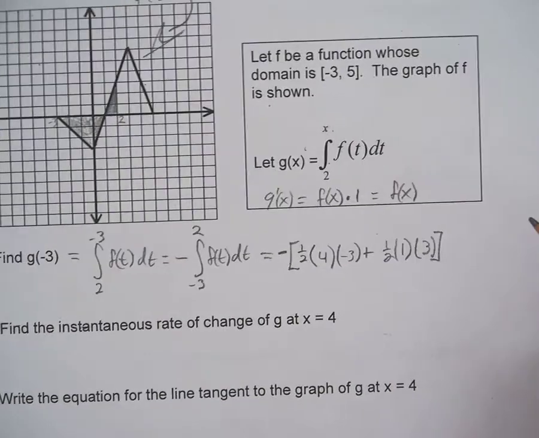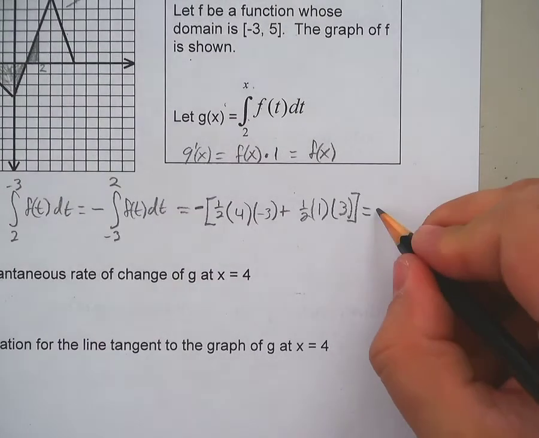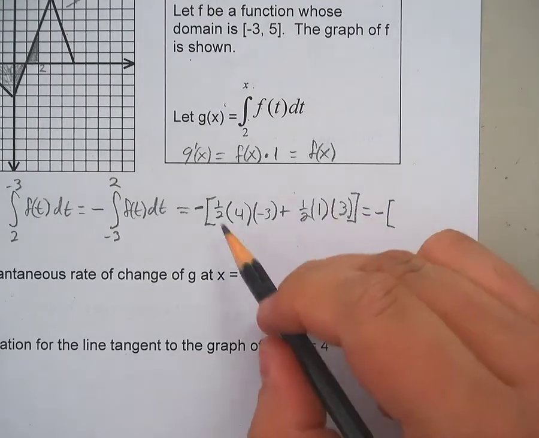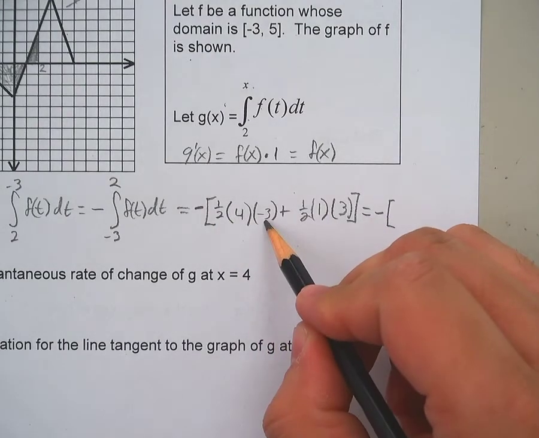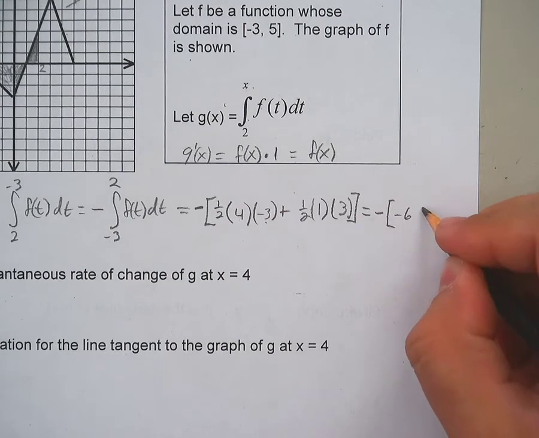Hope this works out. And this is going to be my negative sign. That's 2 times -3 is -6 plus 3/2.